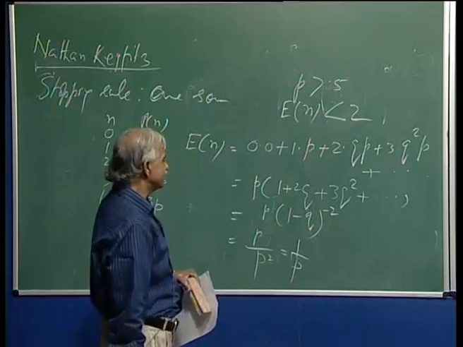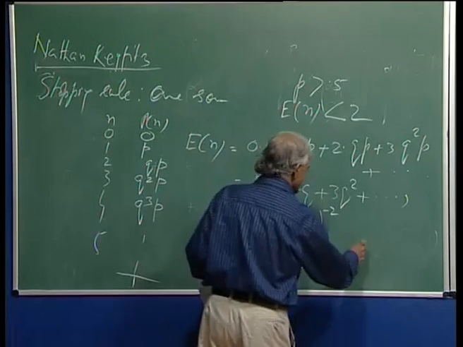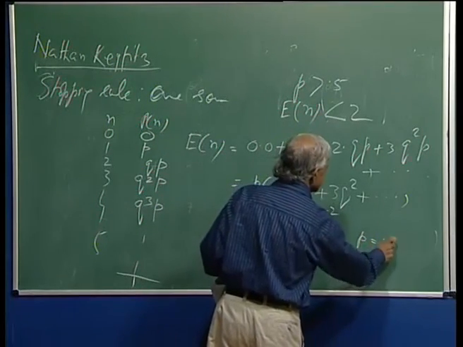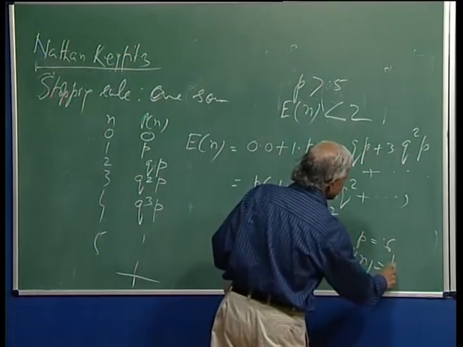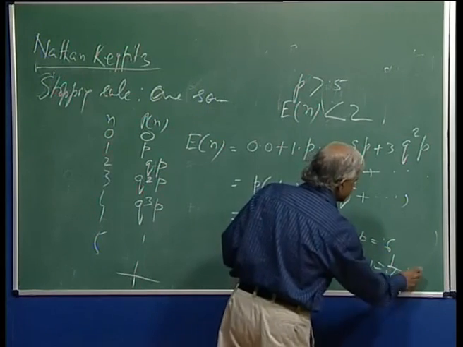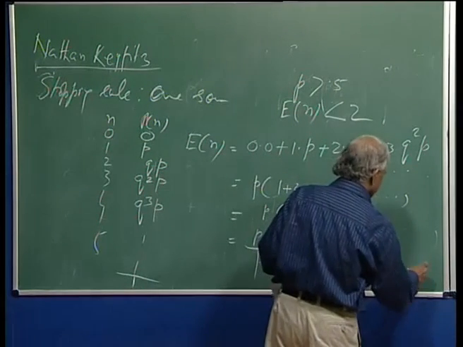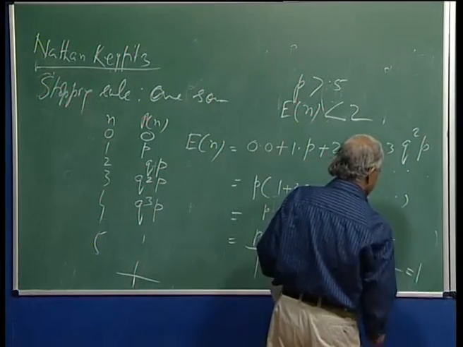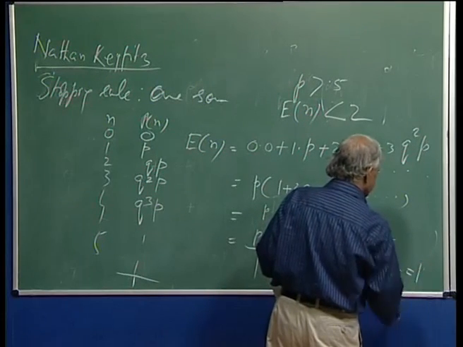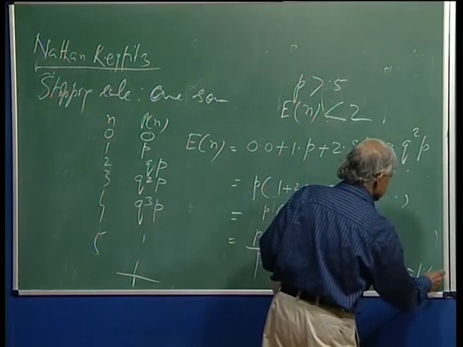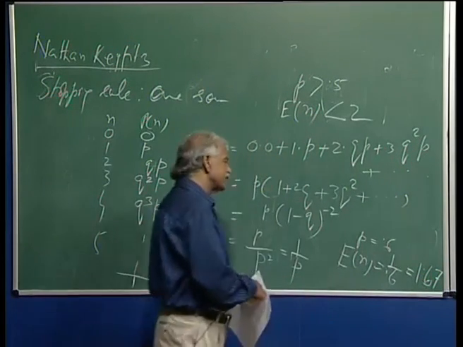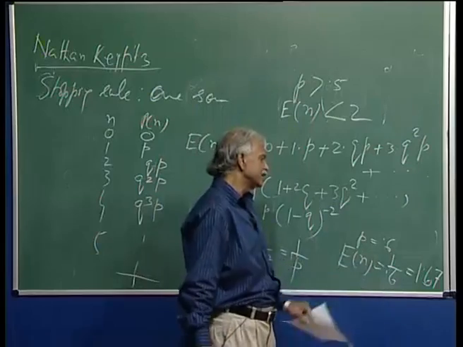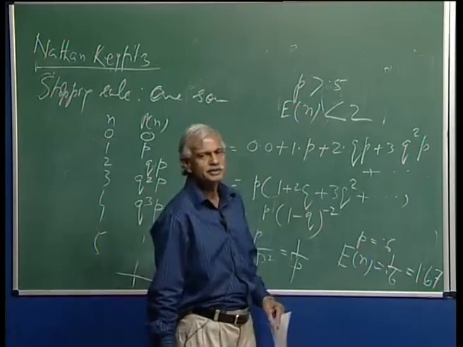So, they will have less than 2 children. Like if p is 0.6, then the expected value of n is 1 upon 0.6, or 1.6666, or 1.67. If the chance of getting a son is 0.6, then on the average a couple will produce 1.67 children.